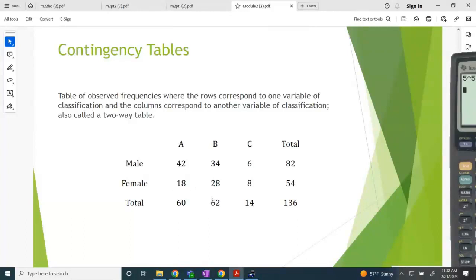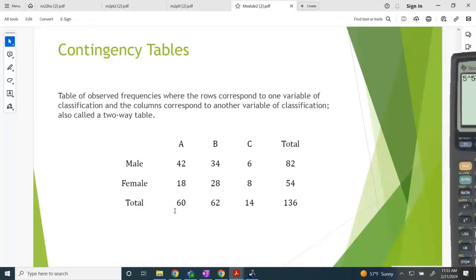There were a total of 62 B's in the course. 34 males made B's, 28 females made B's. And then there are a total of 14 C's in the course. 6 males made C's and 8 females made C's.